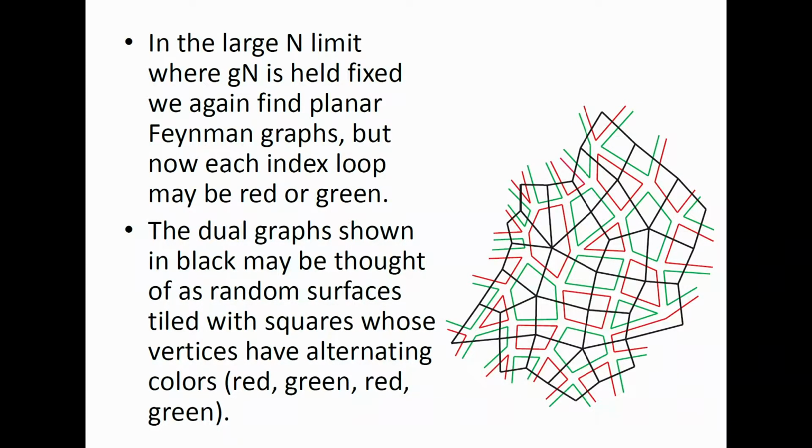It's very useful to think in terms of the dual lattice, where you put a dot in the center of each of these index loops and then connect them. Because the interaction vertex is quartic, each interaction vertex looks like this. It's the same as what I drew last time.